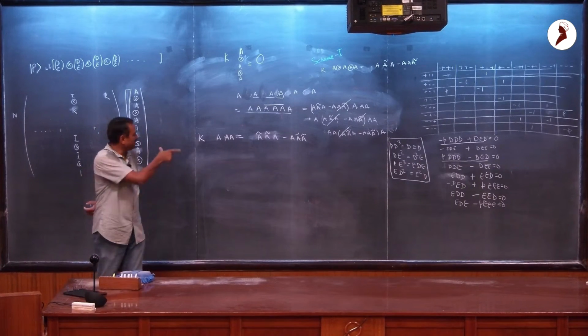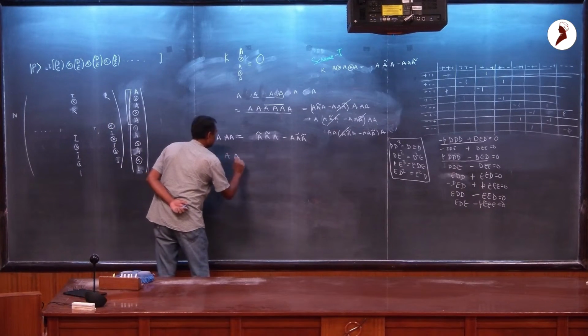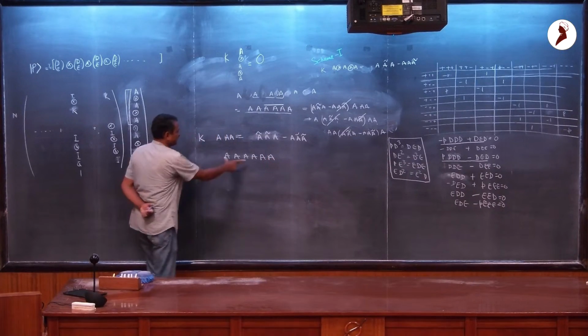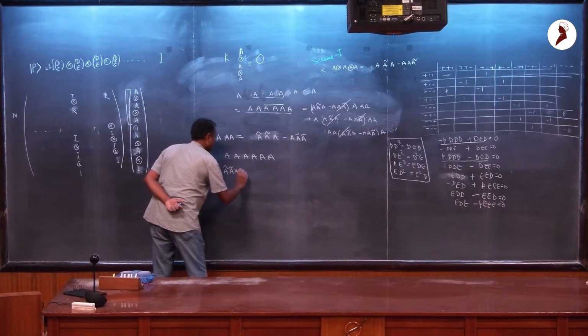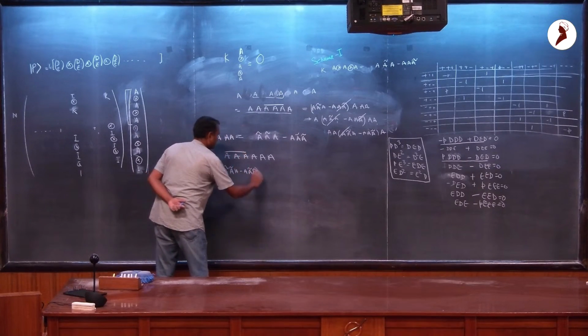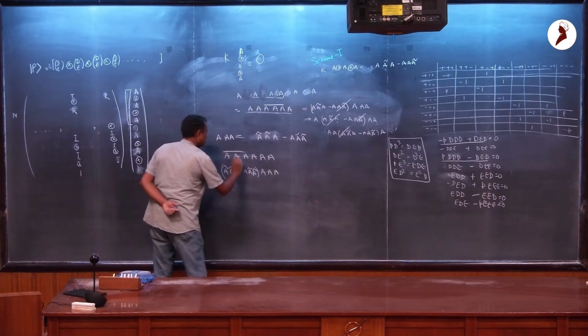So first 3 you replace by this, second 3, so you start with A, let us say 6 of them. So first 3 you replace by A tilde A minus A tilde, this 3 times A. Now you erase that plus, now this 3.